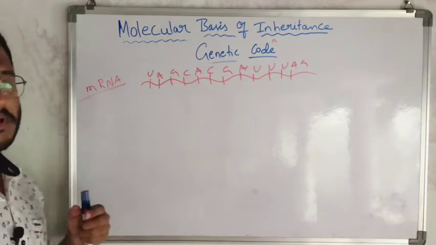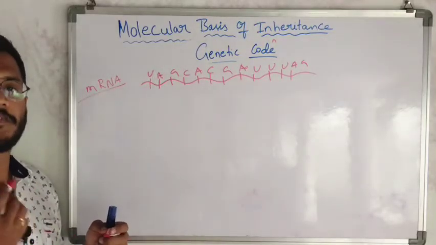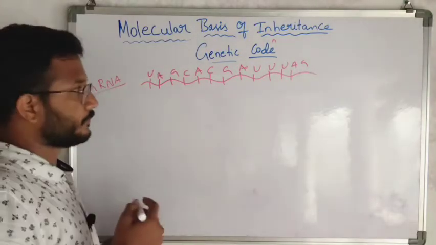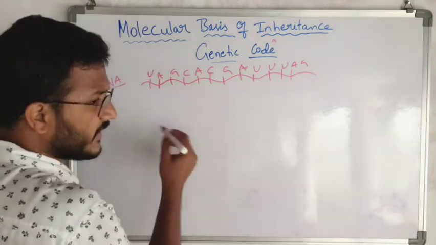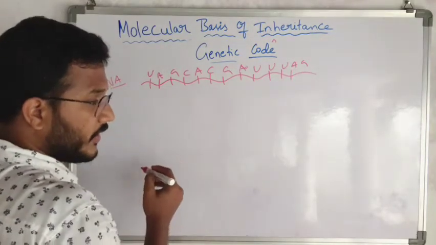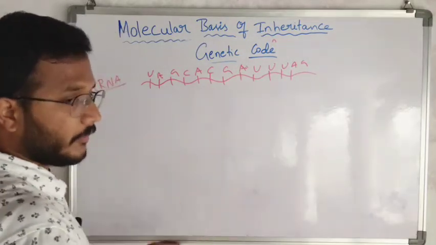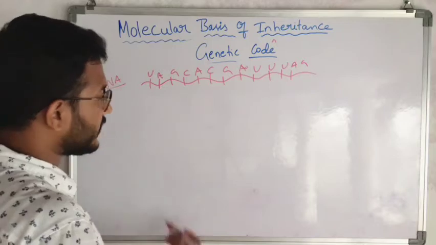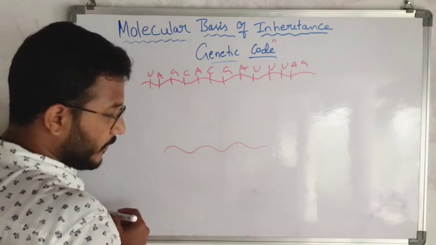Understand briefly now; in the next class we will see the detailed process of translation. This mRNA goes from the nucleus into the cytoplasm. After going into the cytoplasm, how are the proteins formed? This is the mRNA present in the cytoplasm.